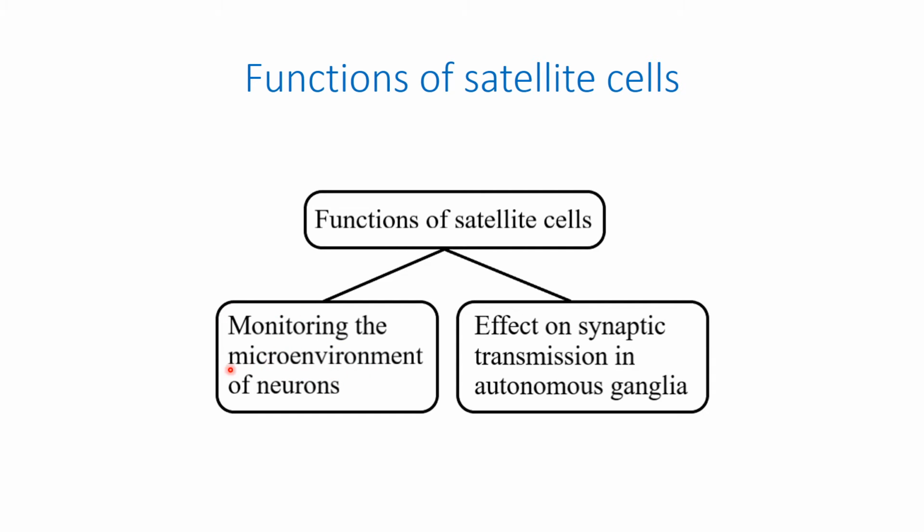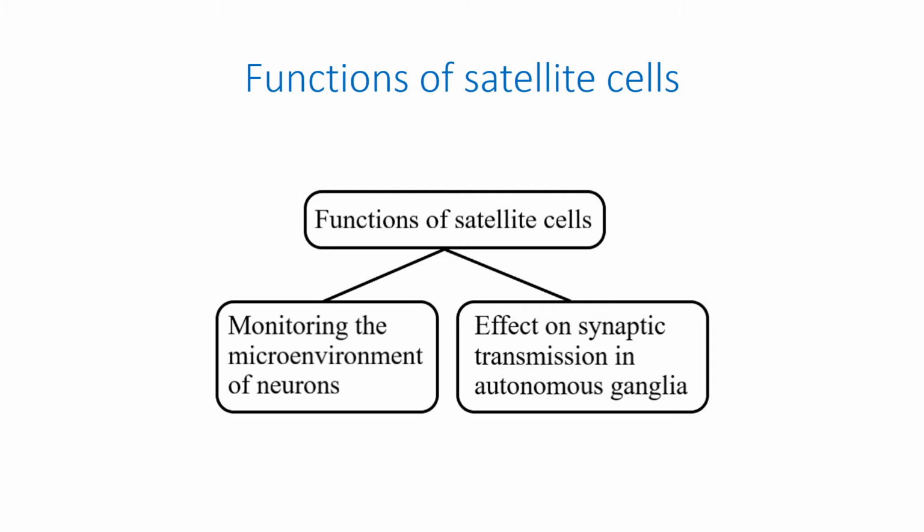Monitoring the microenvironment of neurons. It is known that there is no blood-brain barrier in the ganglia, and various substances pass both through the wall of the fenestrated capillaries and through the satellite gliocytes layer. However, the latter can slow the diffusion of large molecules and partially control the microenvironment of neurons.